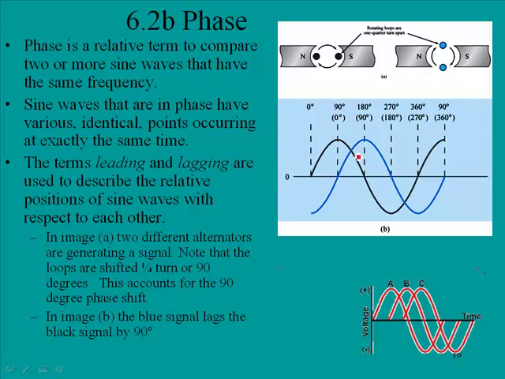And so we see that these are shifted 90 degrees. Now, remember, the mention here was made of leading and lagging, and this would be the leading sine wave, and this would be called the lagging sine wave because it is lagging in time.